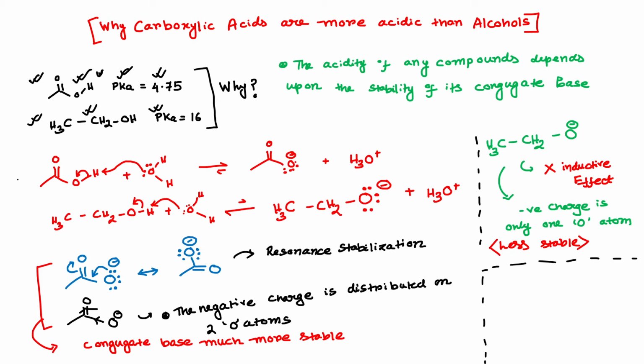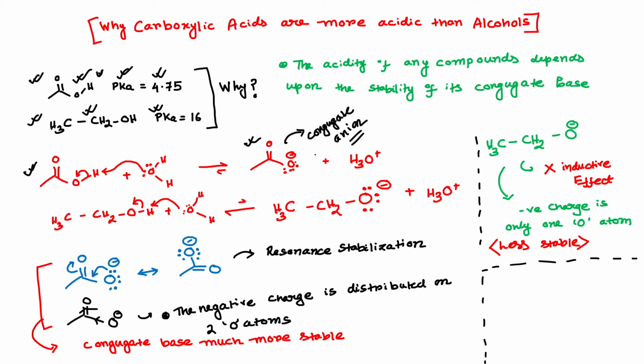When we put this carboxylic acid in aqueous solution, this type of dissociation occurs. This acetic acid dissociates into acetate anion plus H3O plus. In my previous lecture I described that the acidity of any compound is decided by the stability of its conjugate anion.